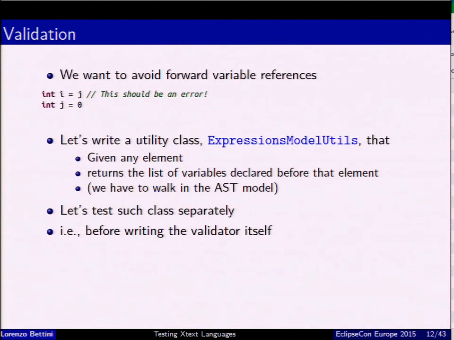What I need to do is to inspect the AST. So let's write a separate class which has nothing to do with validation. I call that ExpressionsModelUtils, that given an element returns the list of variables declared before that element. Okay? I'm not going to show the implementation. It might be tricky to get it right, but we can test this class separately before implementing the validator.